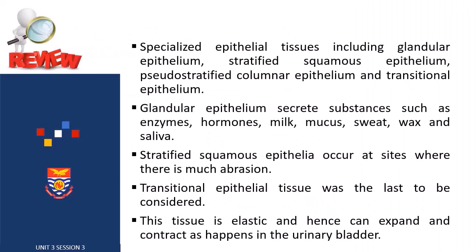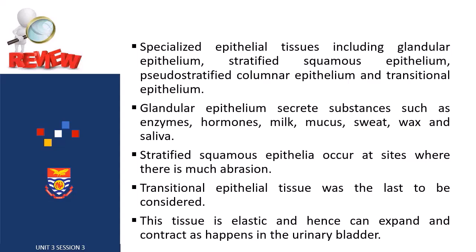This brings us to the end of this session. Under this session, we learned about specialized epithelial tissues and also looked at glandular epithelium, which is a specialized epithelial tissue. We got to know that they are able to secrete substances such as enzymes, hormones, mucus, milk, sweat, wax, and saliva.